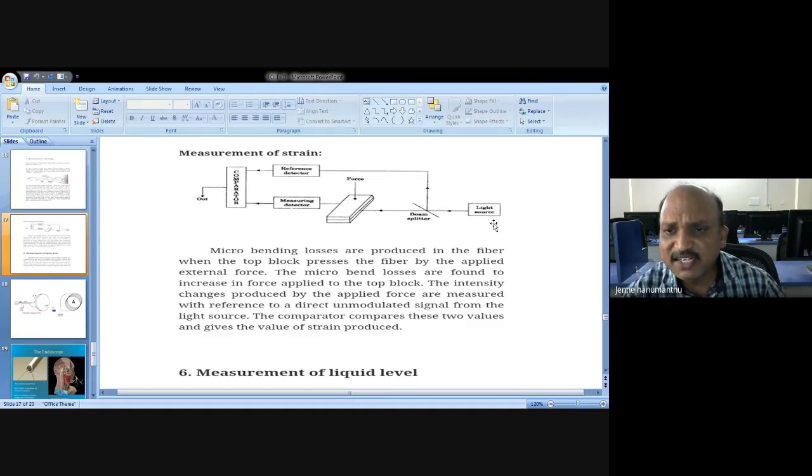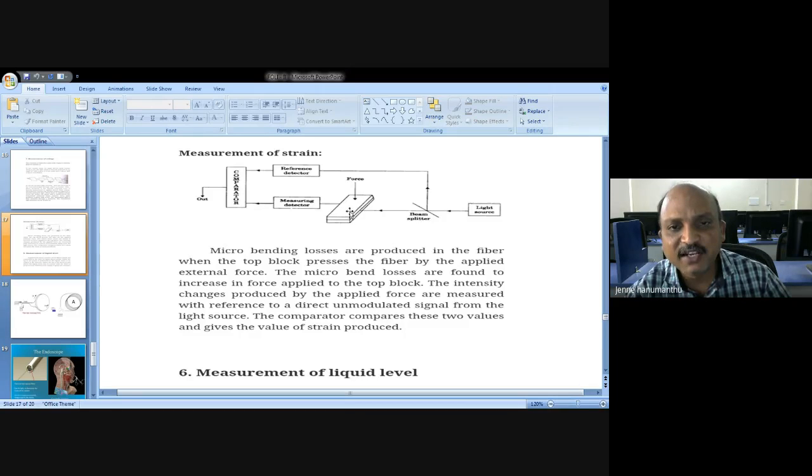When the light is applied on the beam splitter, that light will fall on the reference detector. That light is detected and given as output to one input of the comparator. Next, the same light is refracted and falls on the crystal. When the light falls on the crystal, if you apply any force, because of the deformation, the light intensities and parameters are modified.